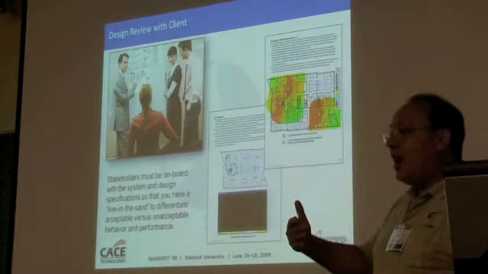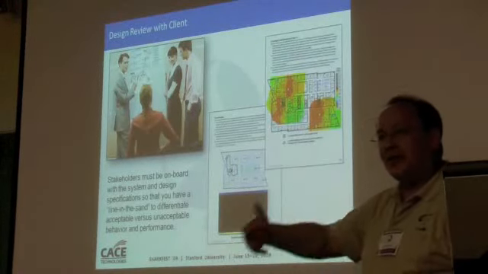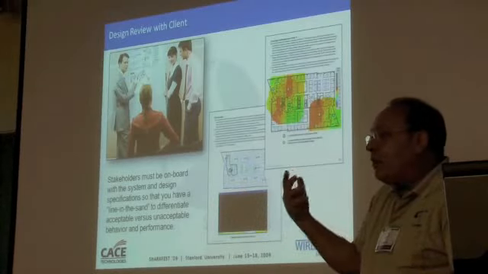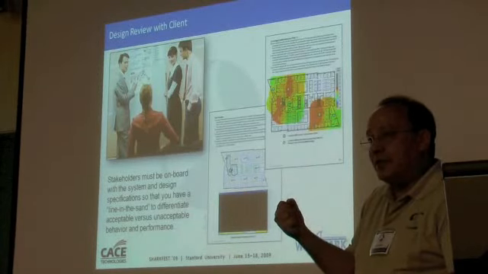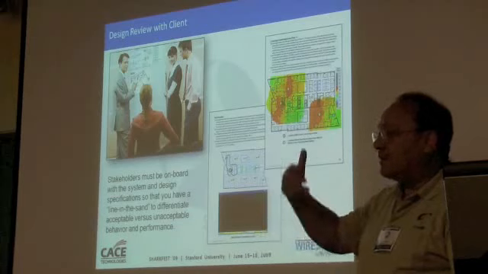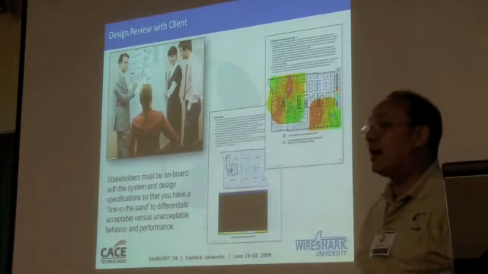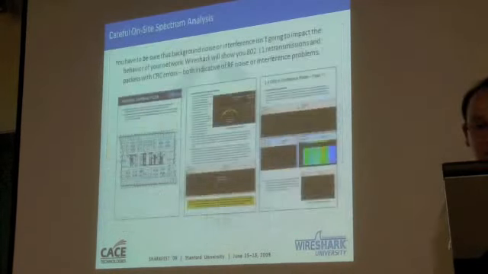At least they know you've done this design. You've been very diligent, with rigorous engineering, and that way there's more of a team effort in dealing with a troubleshoot, because all of the stakeholders are on board with the design process and what you've done.